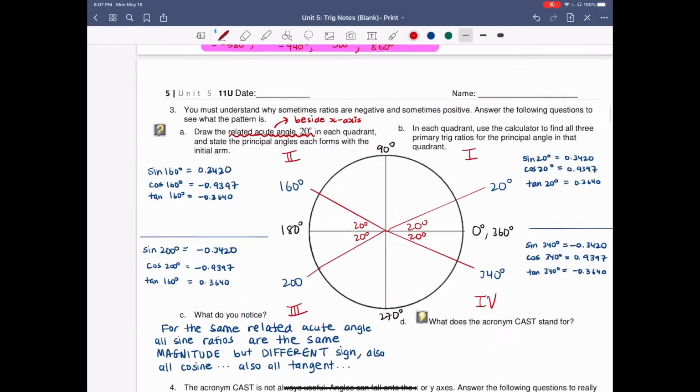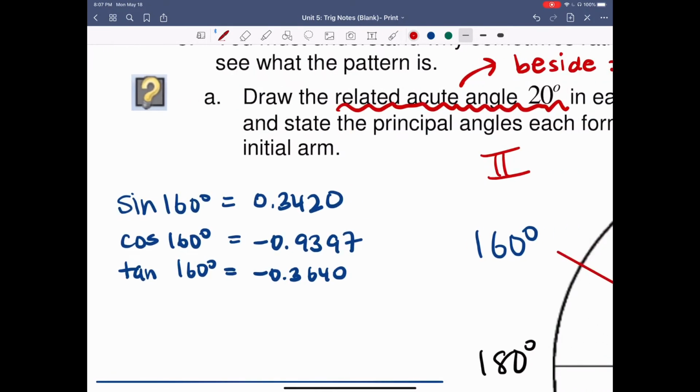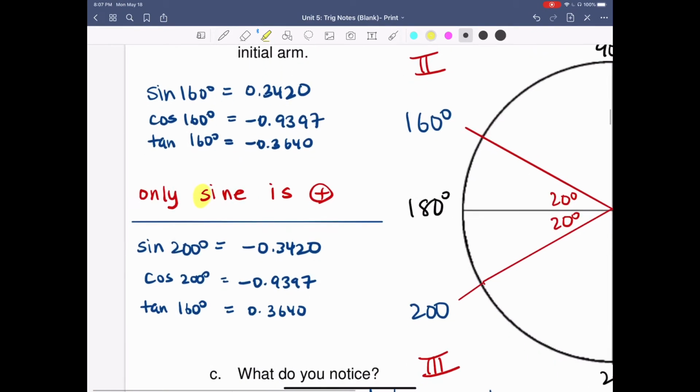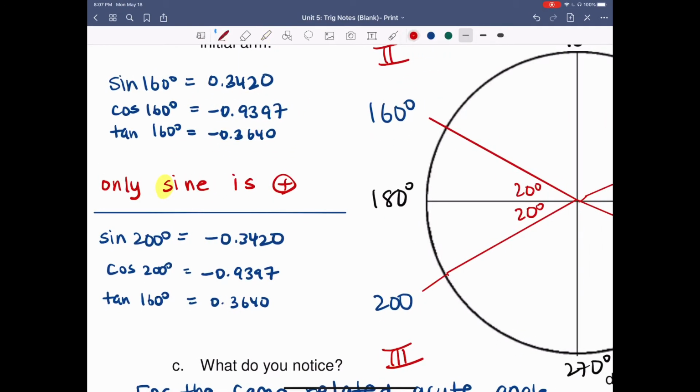Well, let's take a look at sine, cosine, tan. Which part is positive? Well, the primary trig ratio for quadrant 2 is sine, so only sine is positive. Okay, and then what about for quadrant 3?